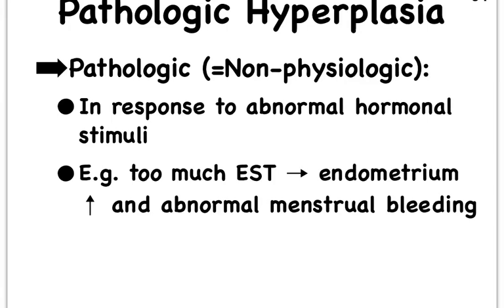So it could be that a woman is producing excess estrogen to where we're now starting to see that the inner lining of her uterus becomes overly thick, leading to heavy bleeding. That would be an example of a pathologic form of hyperplasia.